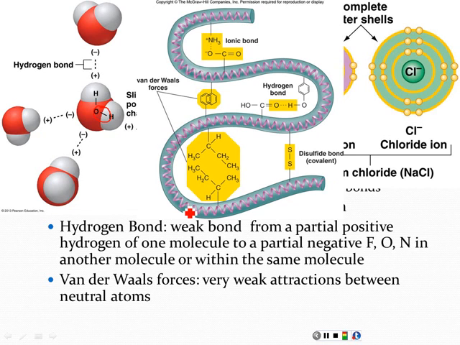And over here, you have oxygen with a hydrogen of another part of this molecule. So it's going to form that hydrogen bond. Covalent bonds are between this carbon and this oxygen, this double bond that you see here. And even over here, this disulfide bond as well. So try to be able to recognize these different types of bonds and know which one's the strongest, which one's the weakest.